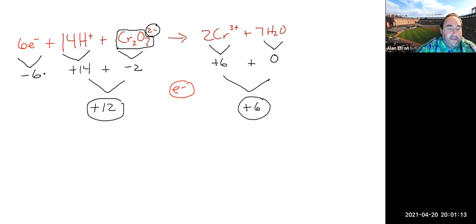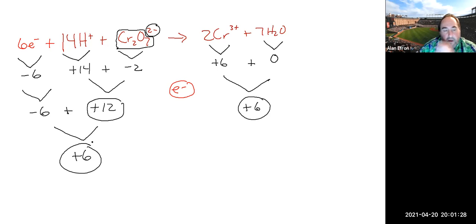There's 6 of them, gets you to -6, which if we add this now to our previous total, -6 plus 12 gives us a new total of +6 on the left-hand side of the arrow, which now matches perfectly the +6 that we have on the right-hand side of the arrow. So we know we should add it to the left-hand side because, again, it's a reduction half reaction. It's gaining these 6 electrons. Question on that?